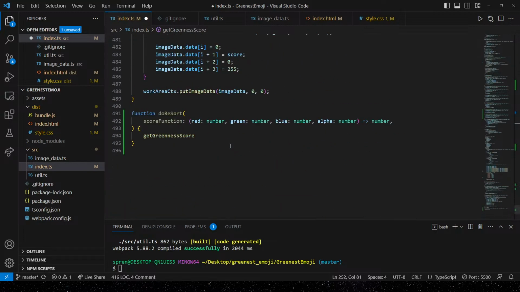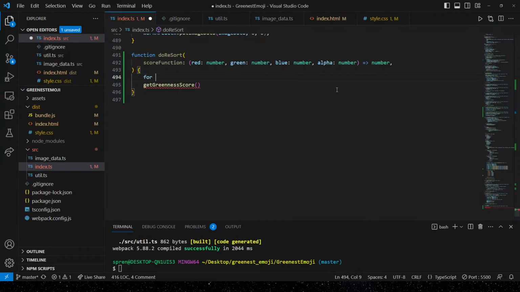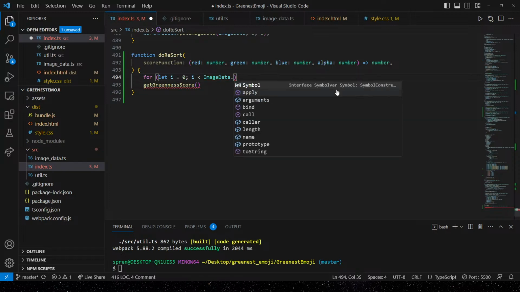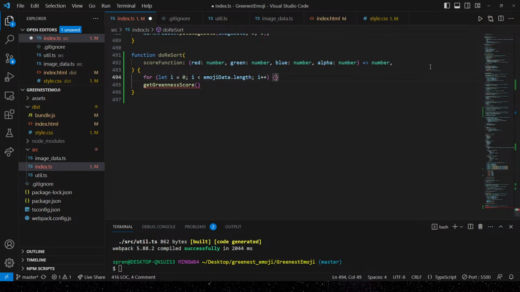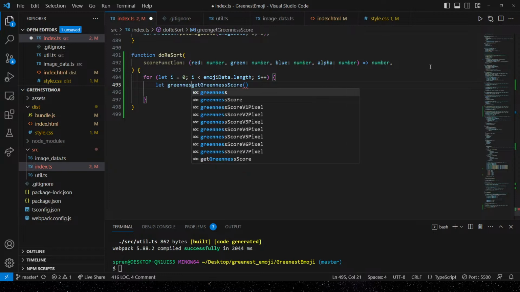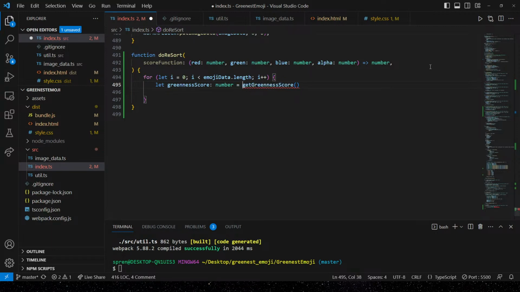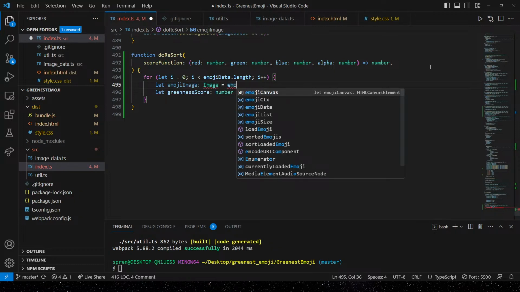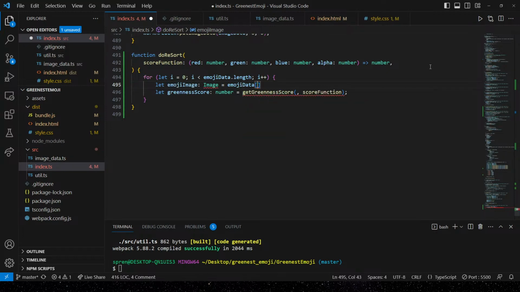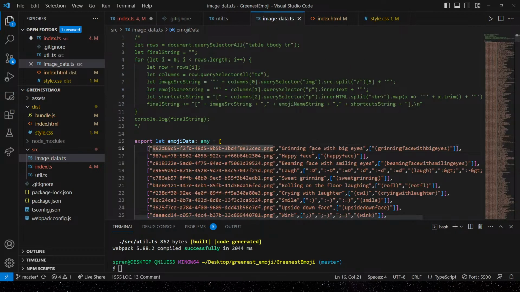So get greenness score just does that already for me, which is perfect. 0, 1, 2, 3.